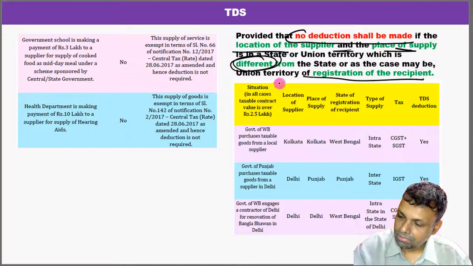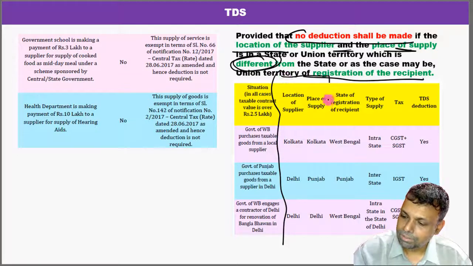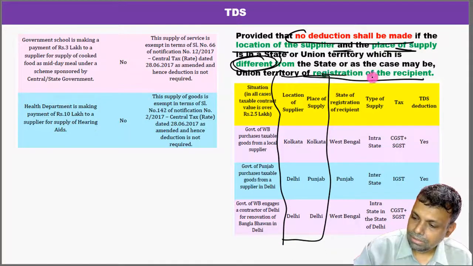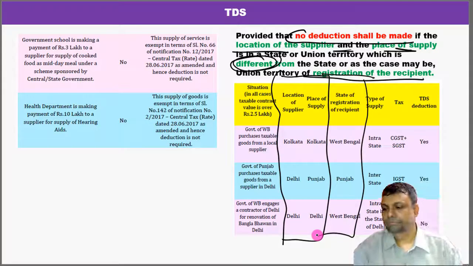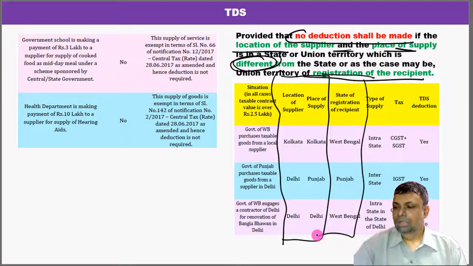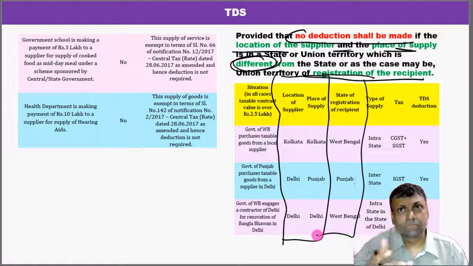Now see here, they have given an example: location of the supplier and the place of supply. This is what they have given. And this is the place of the recipient, that means the registered place of the recipient. Now in this situation there are different ways of understanding.